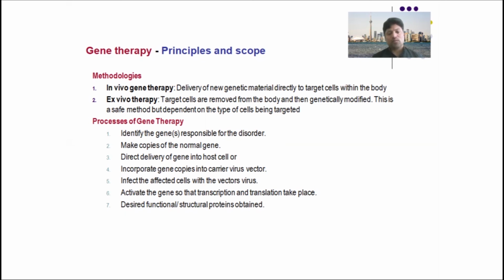At the fourth stage, incorporation of the copied gene into the carrier virus vector. At the fifth stage, infect the affected cell with the virus vector. At the sixth stage, activation of the gene so that transcription and translation occur. At the seventh stage, the desired functional or structural protein is synthesized or produced within the body.